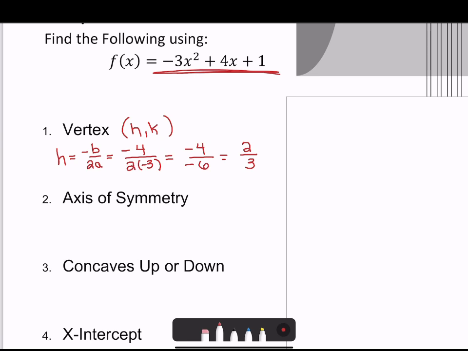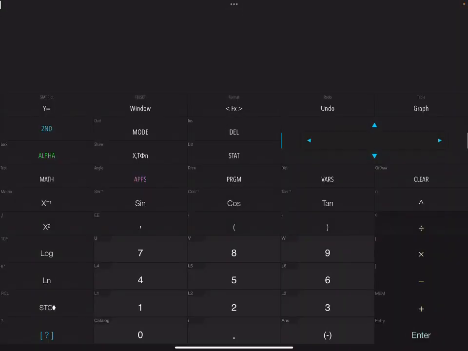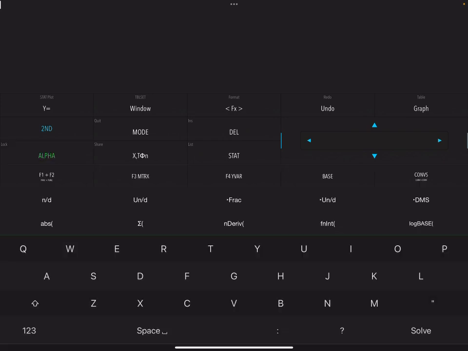Now I'm going to find my k by plugging in that 2/3 for all of my x values. And I'm going to plug this into my calculator so I can see. Actually, let me pull my calculator up. Okay, it was 2/3, right?